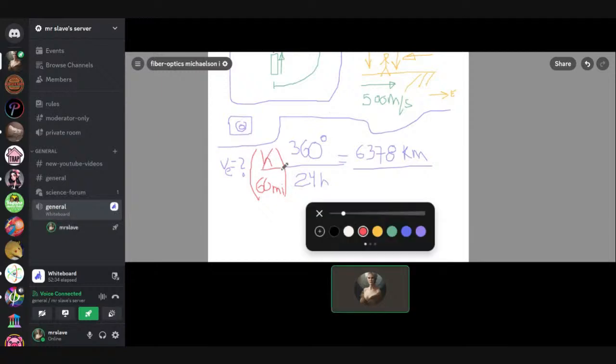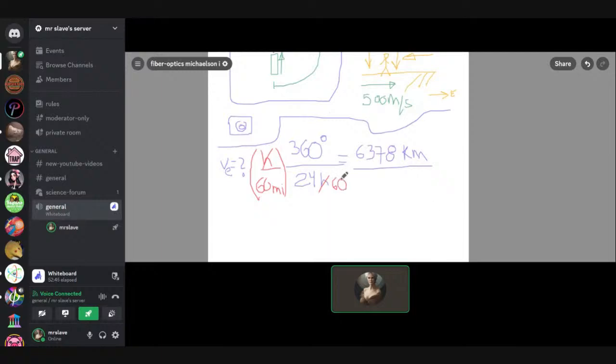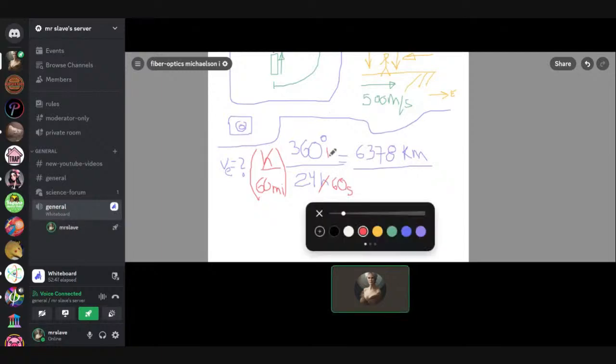When you multiply by 1, you can drop the hours. Now you want to drop the minutes. So it's 60 seconds per 1 minute. That's still 1. You're still multiplying by 1 and you're dropping the minutes. So it's 60 by 60 and you have the seconds at the bottom. So 6 times 6 is 36 with 2 zeros.